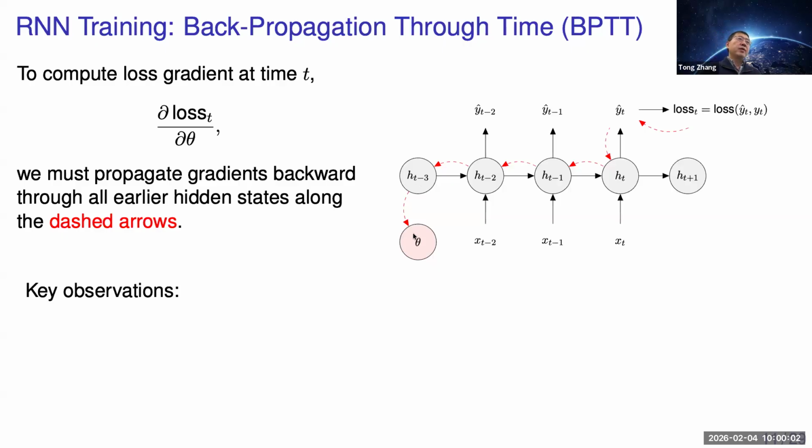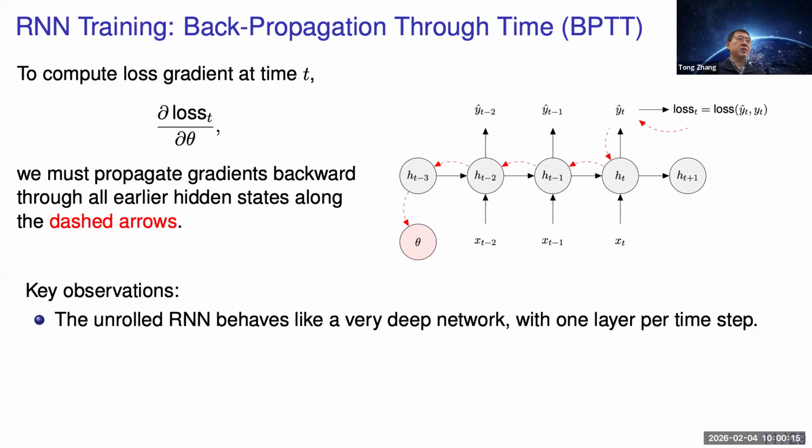So this requires a very deep derivative. Recurrent models behave like very deep neural nets in terms of derivatives.